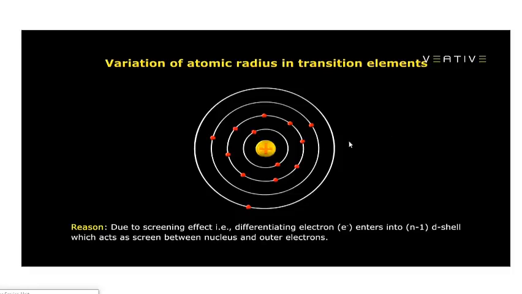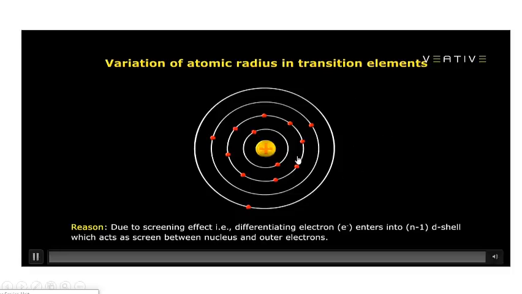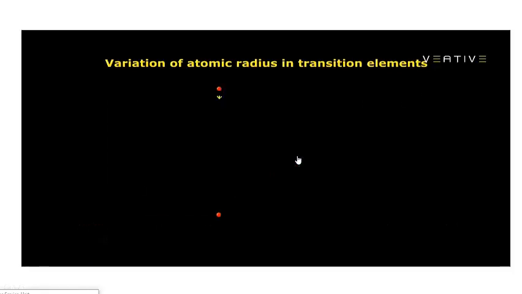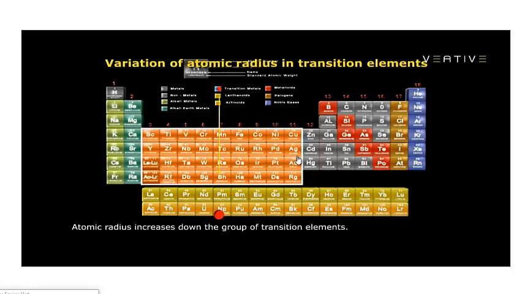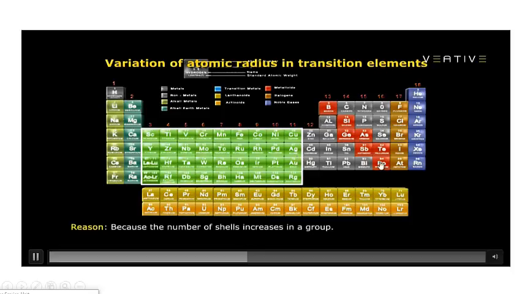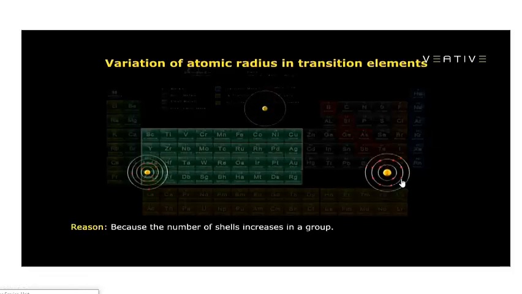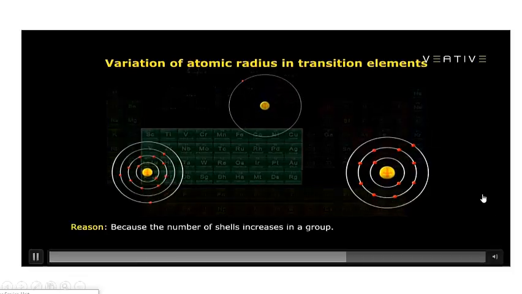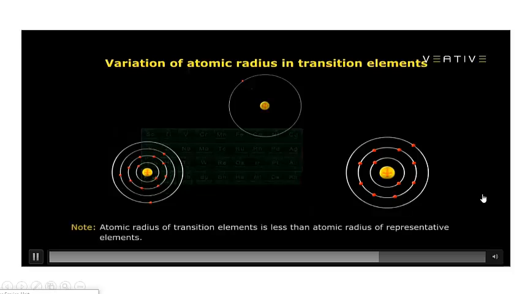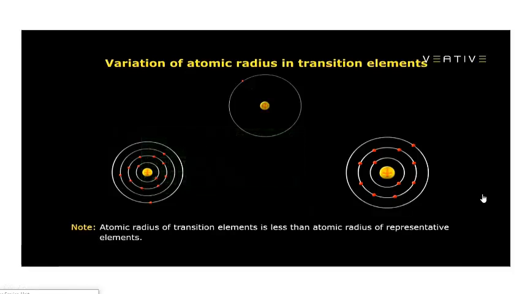Okay, let's watch the video about the atomic size. Nucleus and outer electrons. The atomic radius increases down the group. Reason? Because the number of shells increases in a group. Note: atomic radius of transition elements is less than atomic radius of the ones before.